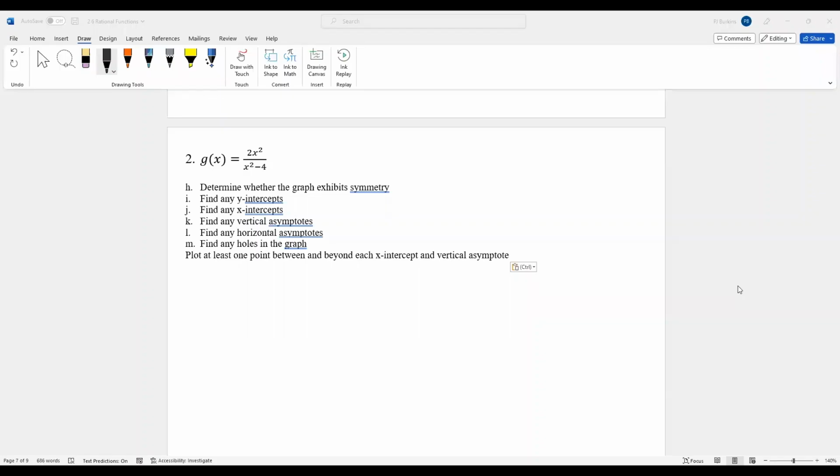Okay, so let's look at example 2. Again, we want to determine whether the graph exhibits symmetry. So to do that, we need to go ahead and plug in negative x and see if we get back the same thing. So doing that, I get negative x squared is positive x squared.